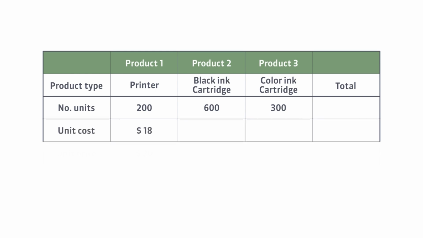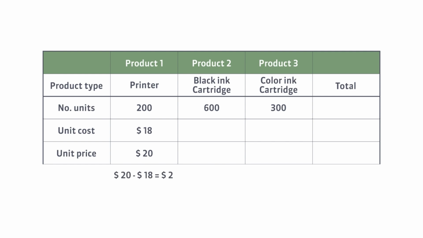The unit cost of production of one printer is $18. The company sells it for $20. The unit contribution margin is therefore $2.